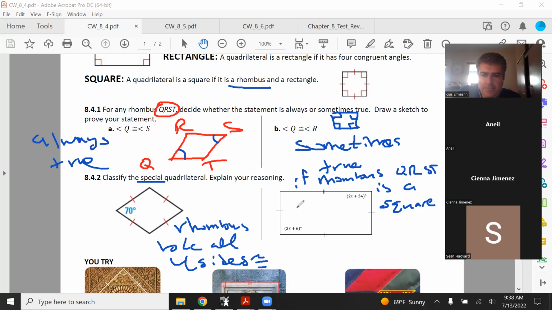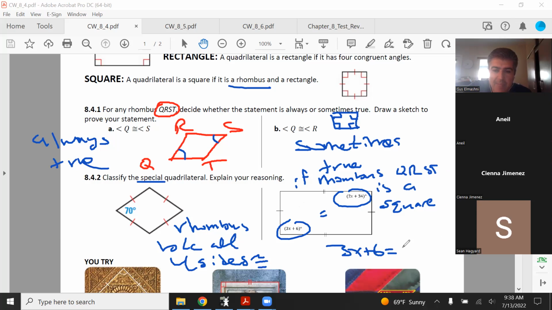Here, well, these have to equal each other because they're opposite of each other. So let's work that out, see what happens. I have a feeling it's going to be 90, just the way it's drawn, but you can't go based off looks. It's not good enough. X equals 28, okay.